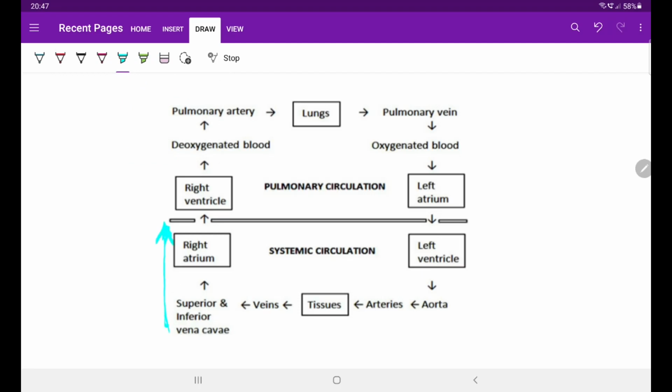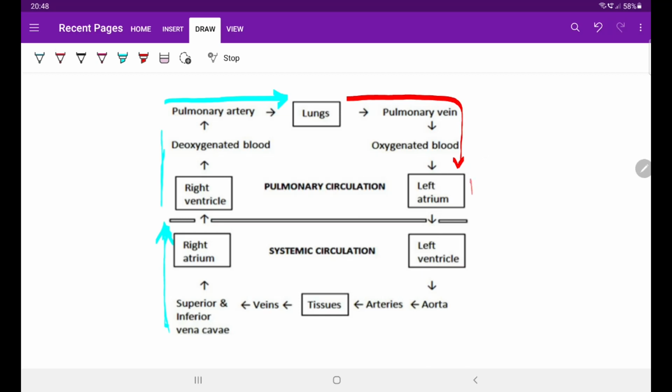Right ventricle carries the deoxygenated blood through the pulmonary artery to the lungs for oxygenation. In the lungs, the oxygenation process takes place and the oxygen rich blood is carried through the pulmonary vein and is emptied into the left atrium.